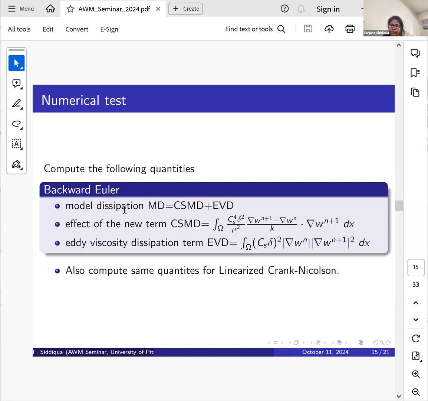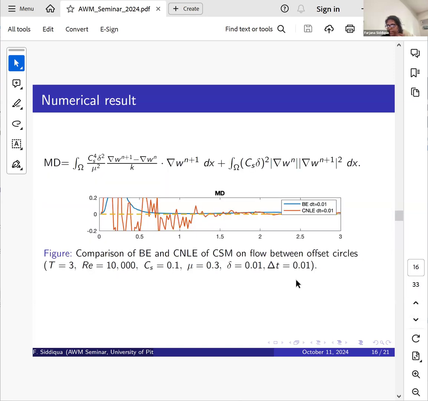In the model dissipation picture, for backward Euler the blue line is always up, but for Crank-Nicolson you see sometimes you are getting negative values as well. So even though it's a good model, backward Euler is failing to show us this because it has extra numerical dissipation in it.